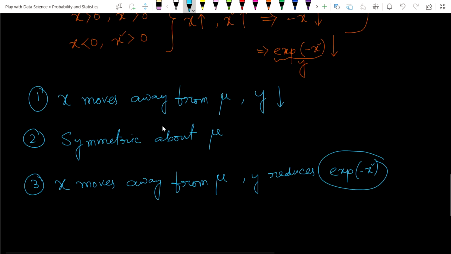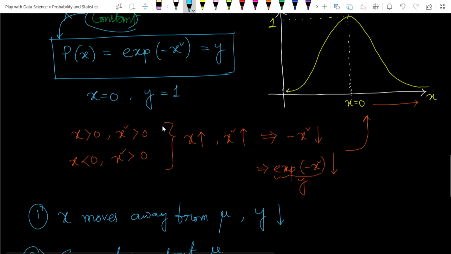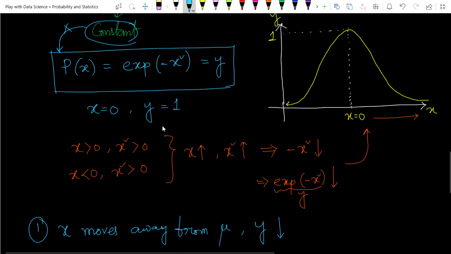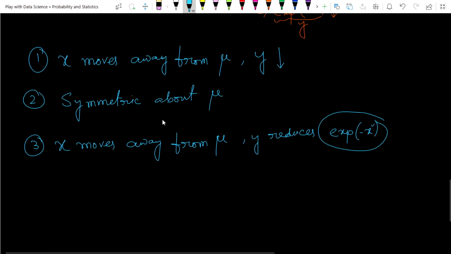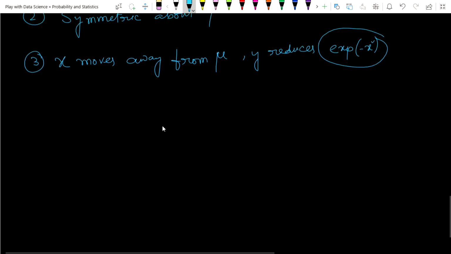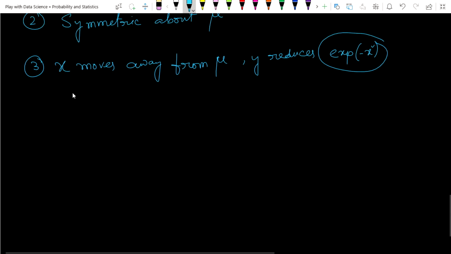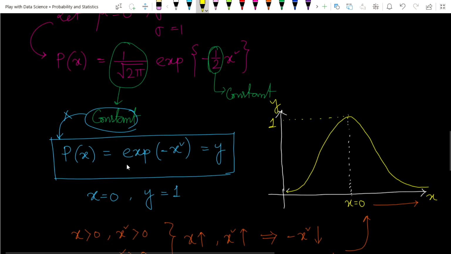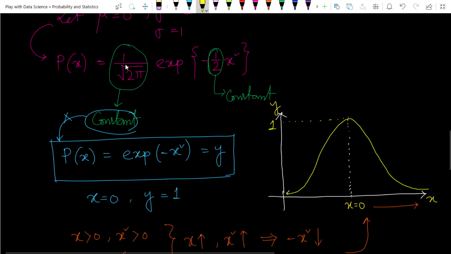Now let's see numerically how much faster the function changes according to a change in our independent variable. Suppose our curve is y equals... actually, in these discussions I am avoiding these two constant terms for ease of understanding.